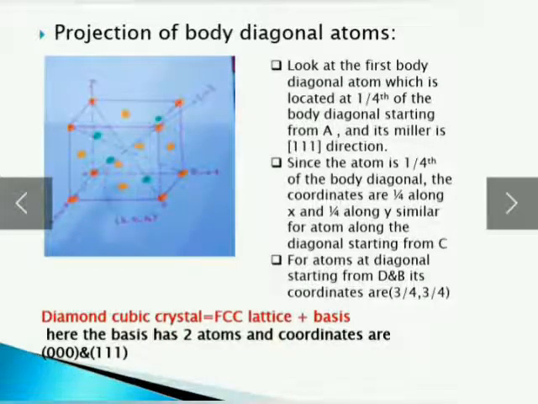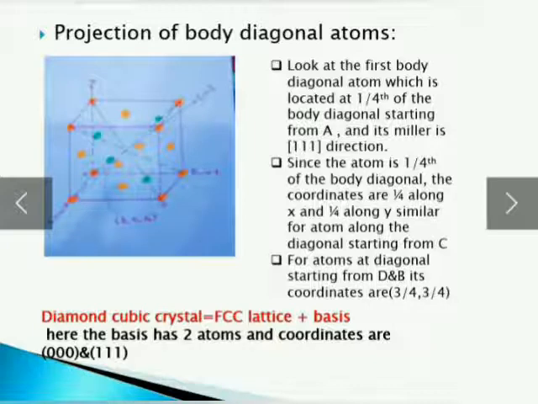Let's project the body diagonal atoms. Look at the first body diagonal atom, which is located at 1/4th of the body diagonal starting from position A, in the 1, 1, 1 direction in Miller indices.